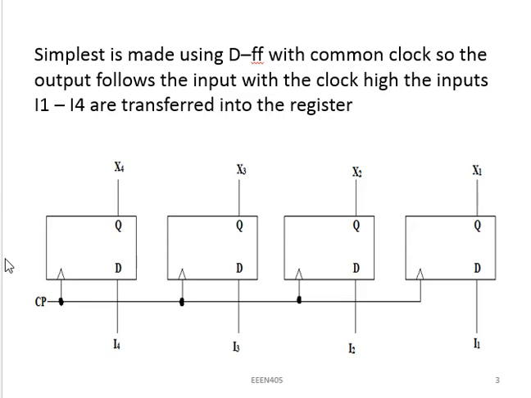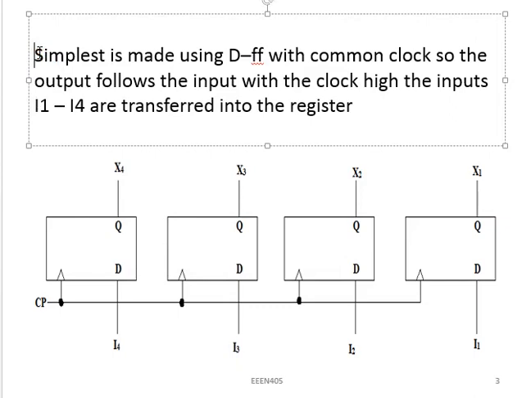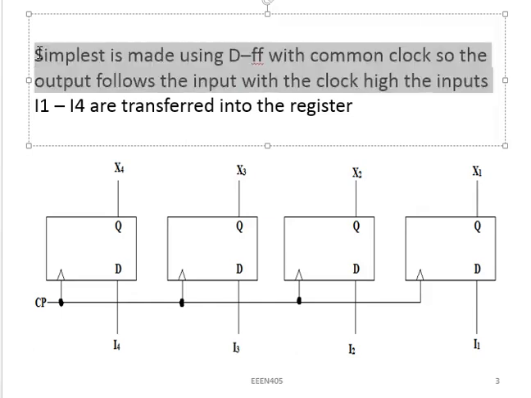As we have said, the simplest registers are the ones that are made using only flip-flops. Here is a typical example of the simplest register, which is designed using D-type flip-flops. The reason why we say this one is the simplest is that, if you can remember, the next-state equation for the D-type flip-flop, Q(t+1), is always equal to D, meaning whatever your input is at a particular time should be exactly your output.